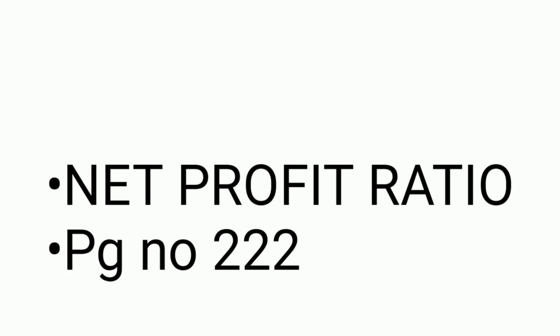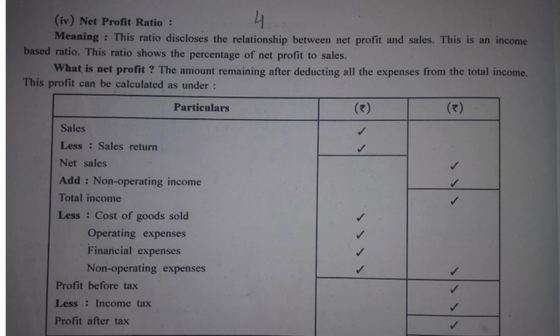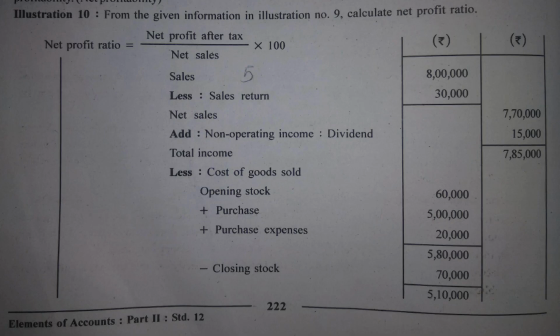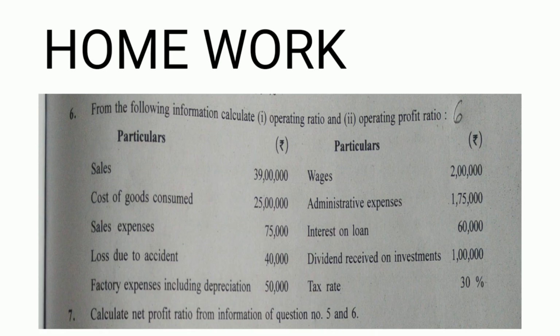Yes, on page number 222, the formula is given. This you are supposed to read and write it down once in your fair book. This is the formula for net profit ratio. Yes, and the illustrations further, that we'll be doing in the next lecture. Yes, your homework is sum number 6 only for today.